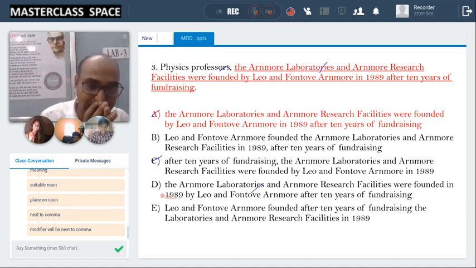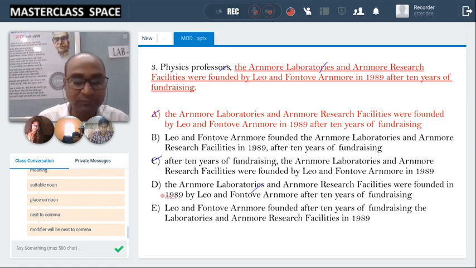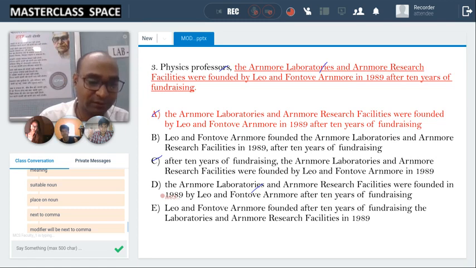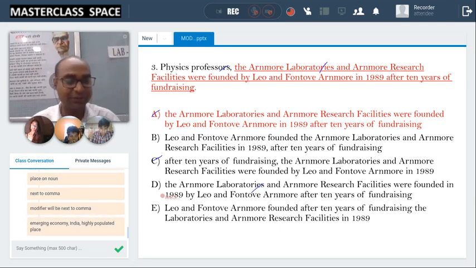So let me give you another example. Let me talk about India. Emerging economy, comma, India, highly populated place. Now look, there are two phrases.